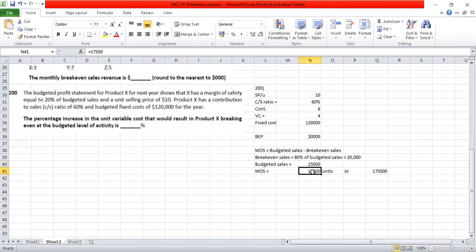Okay, got the point. If this is 25,000, but margin of safety is also not needed.